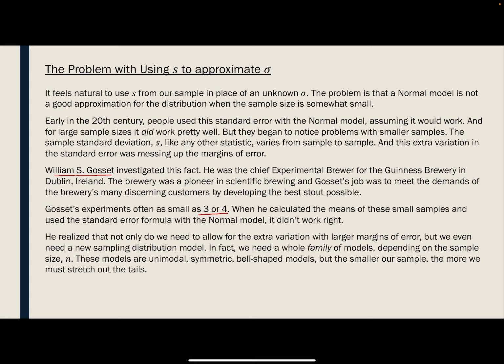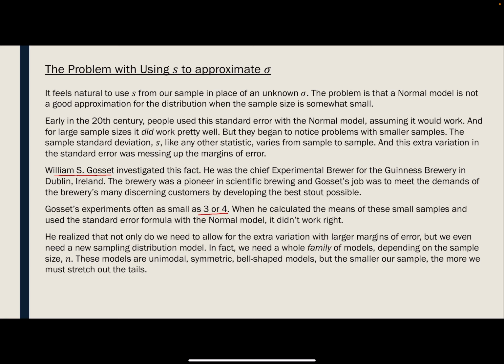So this guy basically asked Guinness if he could take a leave of absence and go back to college and study statistics and figure out what's going on. And they said, sure. So he did, and figured out a new family of models that accounts for this smaller sample size.